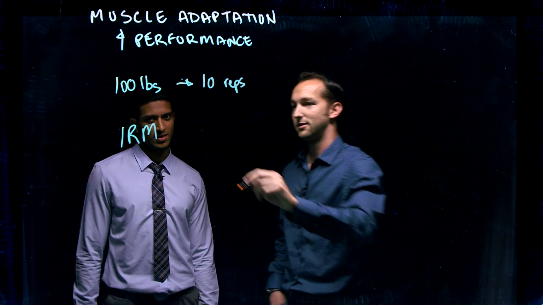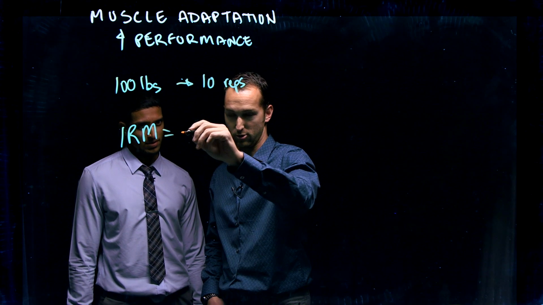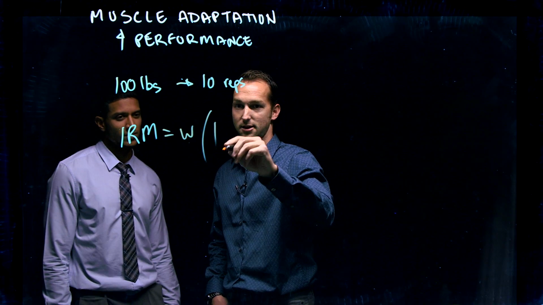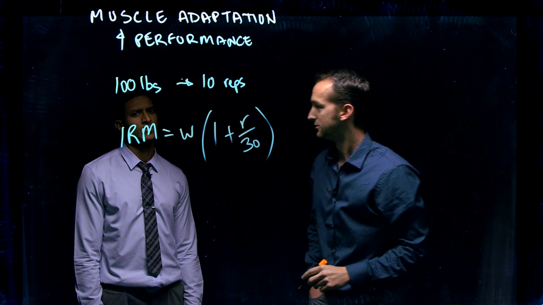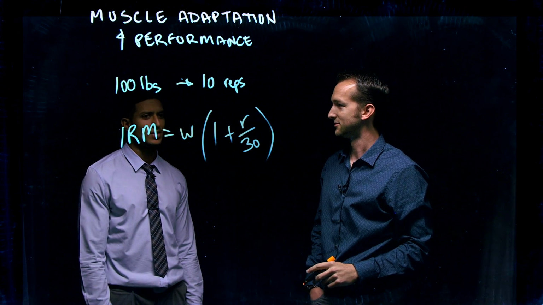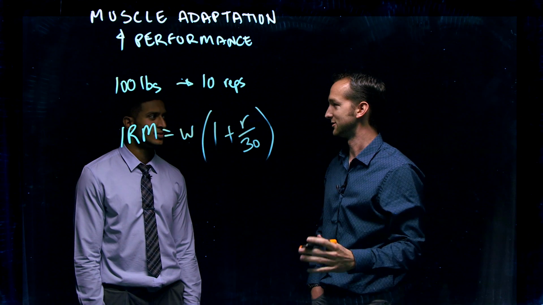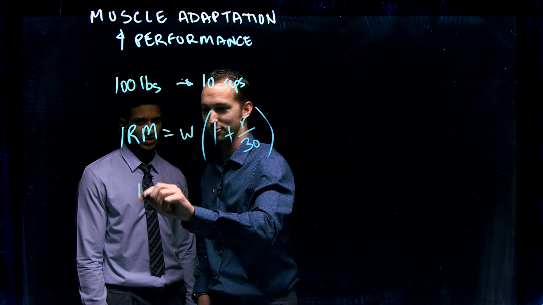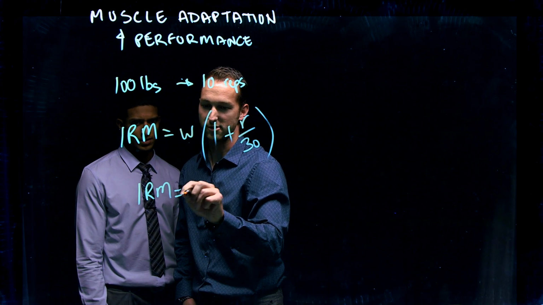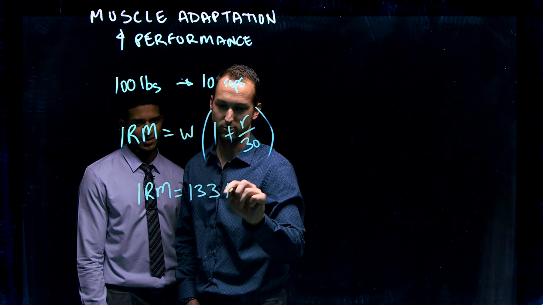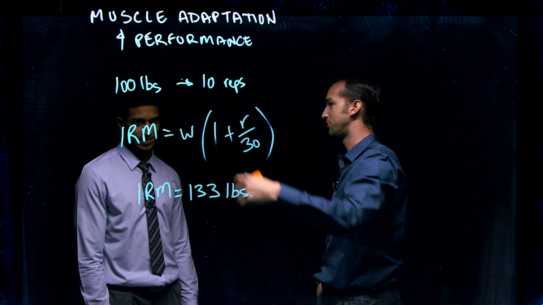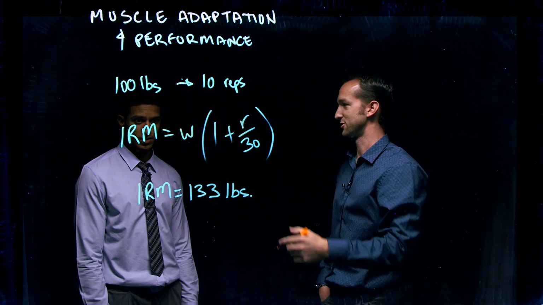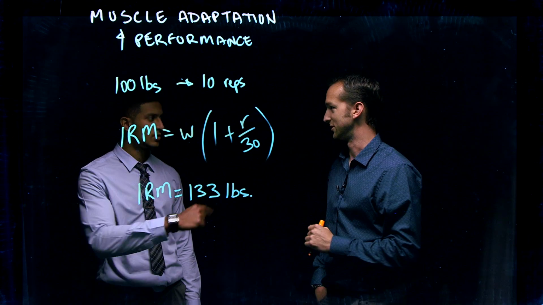We're going to look at your weight times 1 plus the number of repetitions divided by 30. That's math. But to eliminate the math, your 1 RM is roughly equal to 133 pounds. So if you can push 100 pounds 10 times, you can roughly push 133 pounds one time.